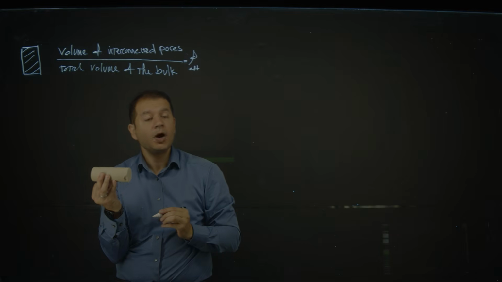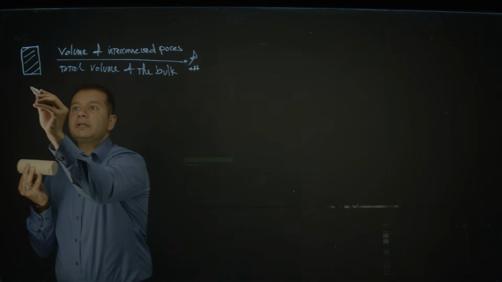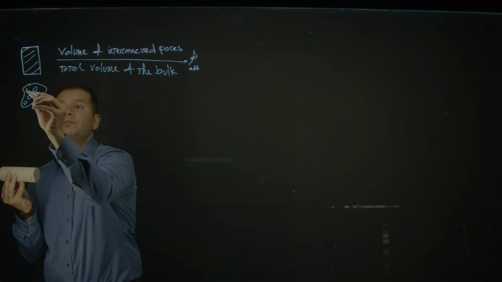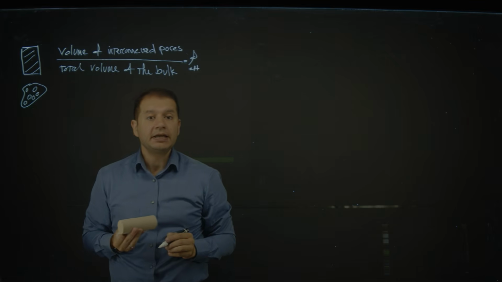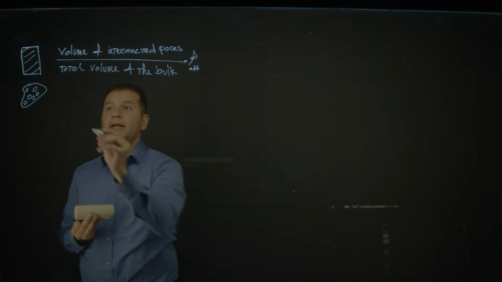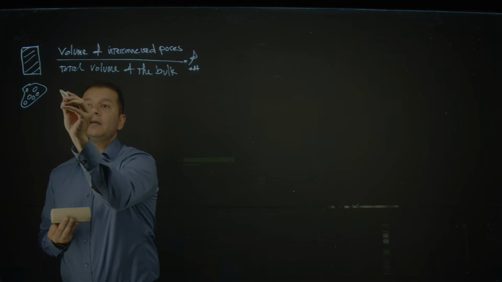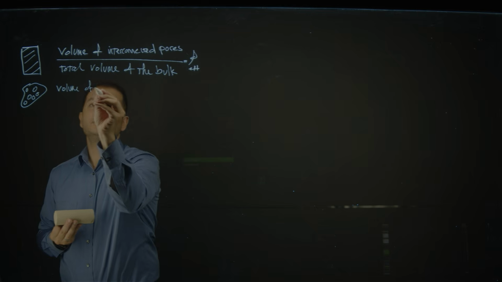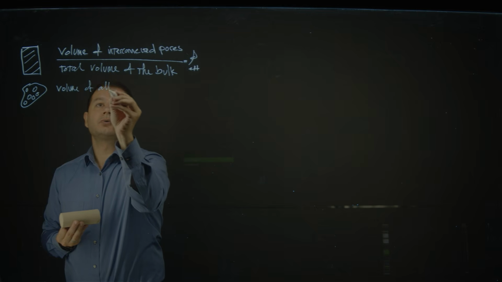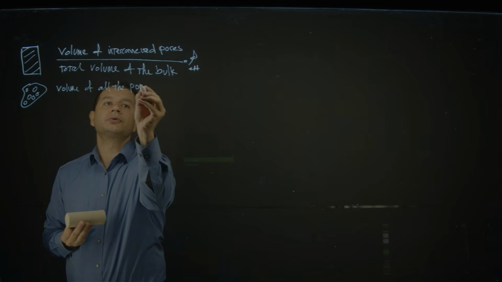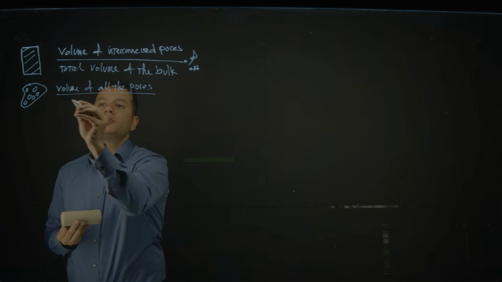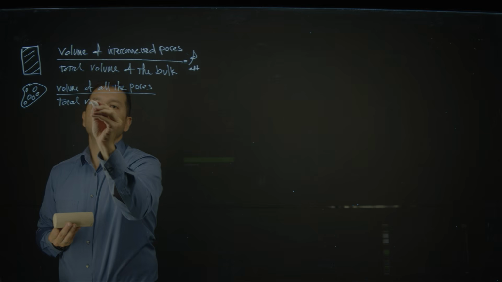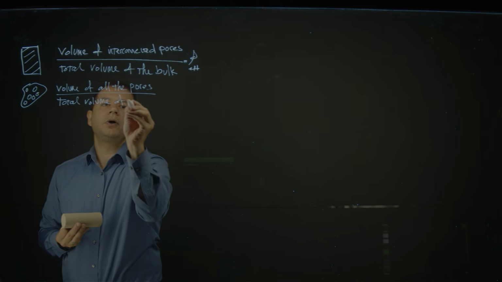Why effective? Because a material can have pore spaces, pores, but they may not be interconnected. So then the total porosity is the volume of all the pores divided by the total volume of the bulk.